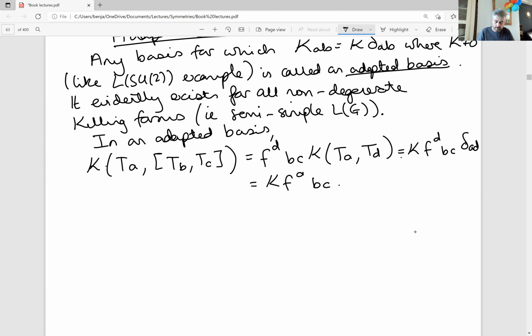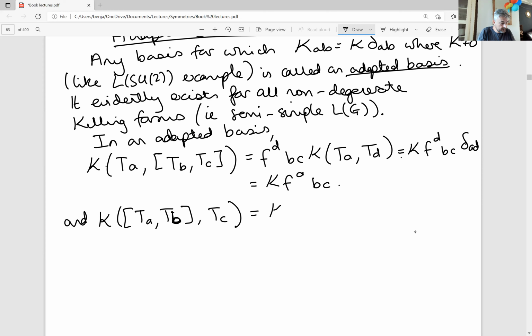All right, so that's one relation. We also have, by a completely analogous argument, the Killing form of T_A with the Lie bracket of T_C and T_B, that should be T_C in the second argument.